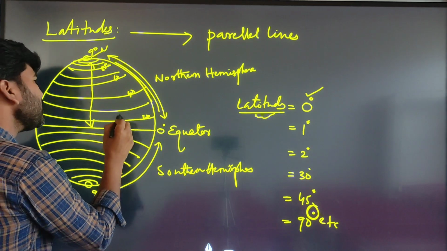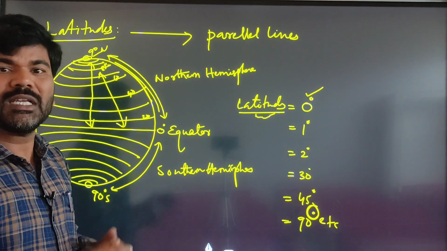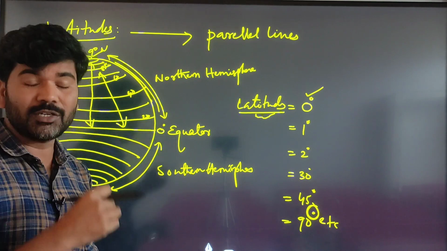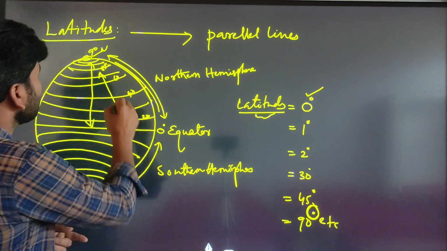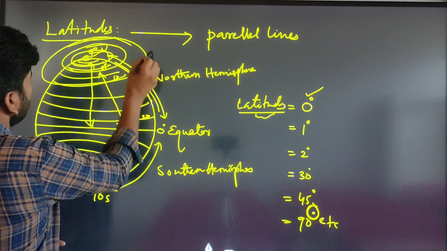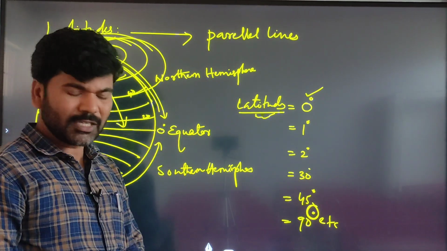So moving away from the equator, the degree of the latitude increases, but the size of the circle decreases. Right? So this is about latitude.